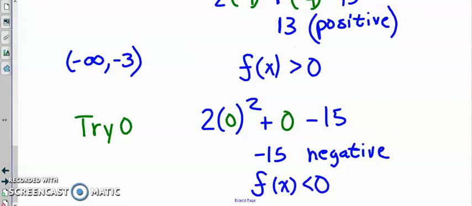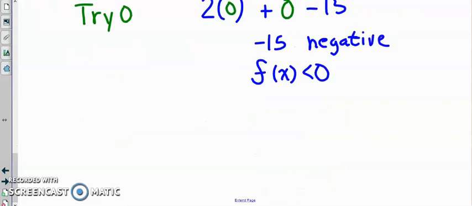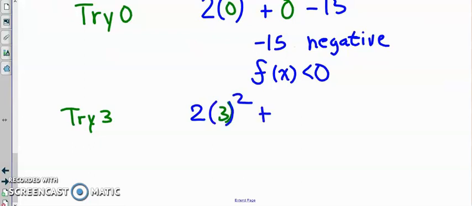All right, and then we said we're going to try 3 for that last segment in the function. So let's try that really quick. When we work that out, we get an answer of 6, which again is positive.